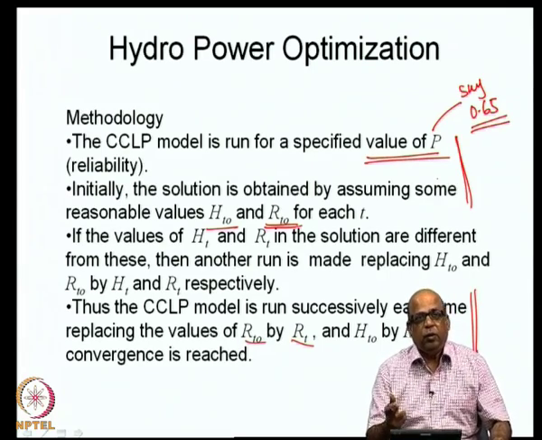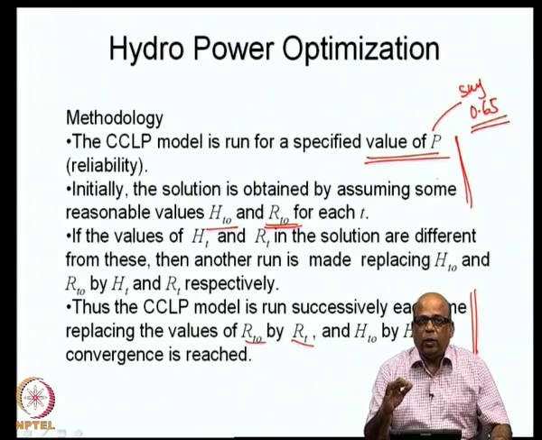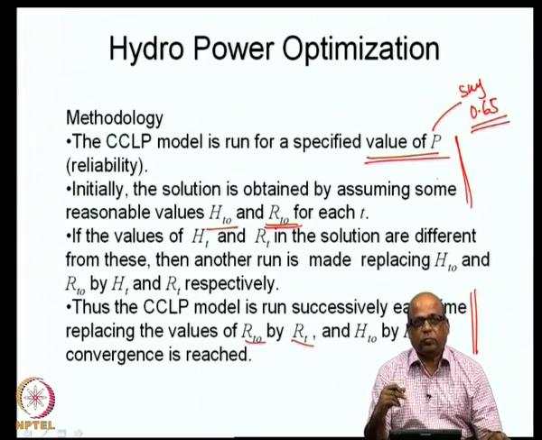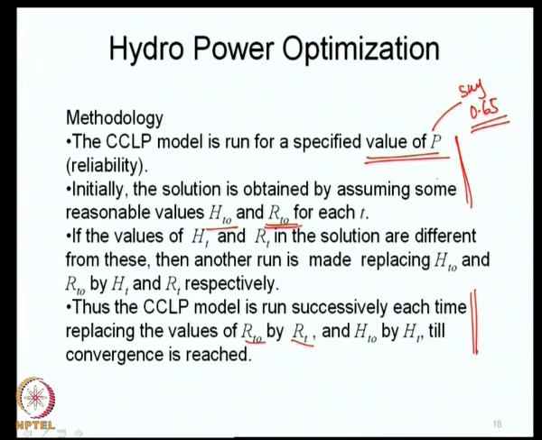So, like this, we solve this problem again and again by each time increasing the reliability level until it becomes infeasible. Let us say that there is no limitation of water and there is adequate storage available.